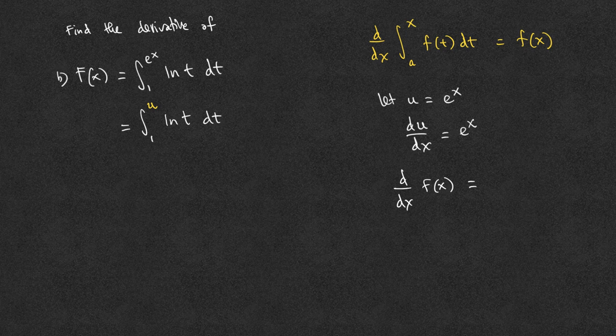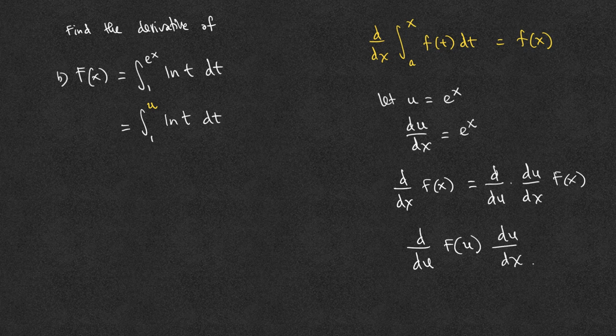And so we did a u substitution. We can rewrite it as d du of f of x times du dx. And usually we write this as d du f of u times du dx.